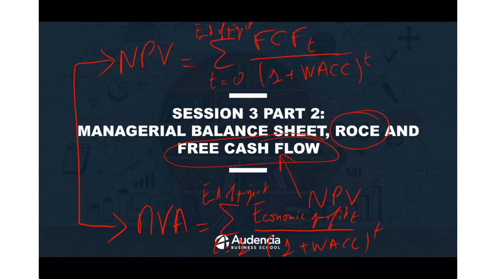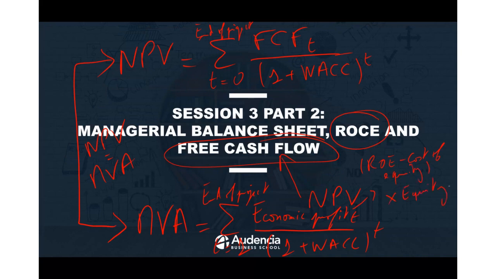And it's equivalent. NPV for one project is equal to the market value added. In the bank, we know a lot the economic profit. In the bank, we calculate the economic profit with the return equity minus the cost of equity multiplied by equity.